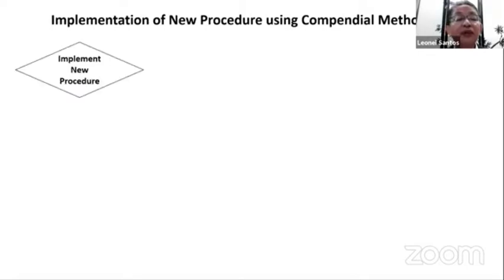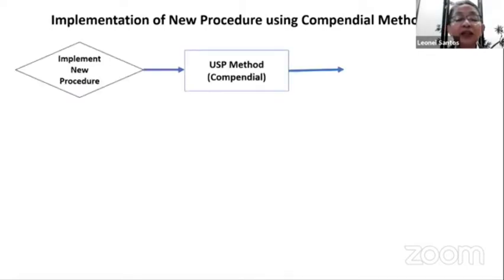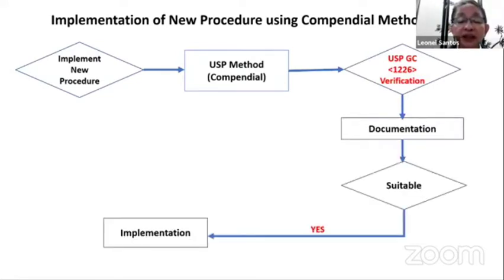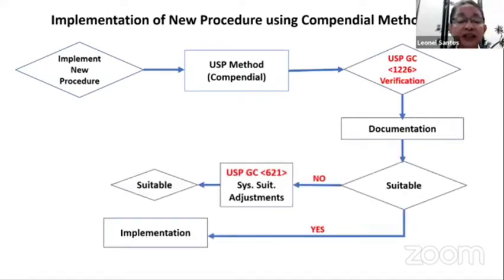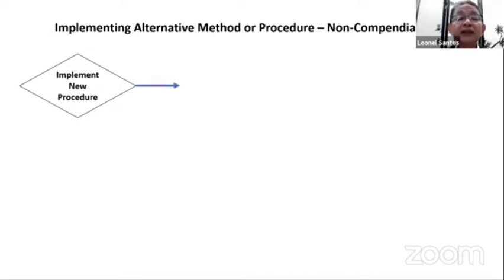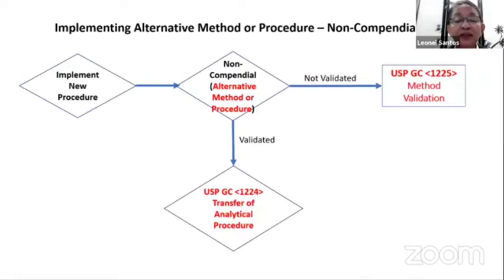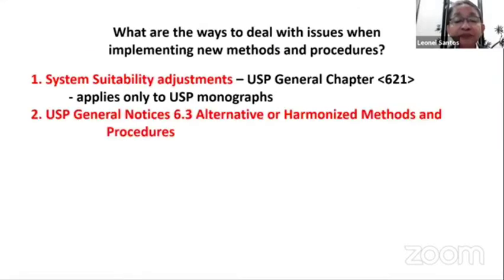So I did describe to you the process of implementing new analytical procedure if it is a compendial. And this is shown by this slide. Similarly, implementation of an alternative method for non-compendial or alternative method, as I mentioned earlier, is shown here.